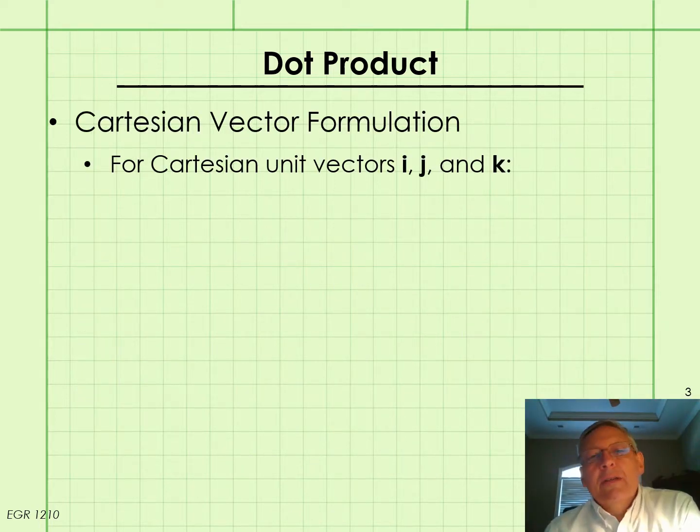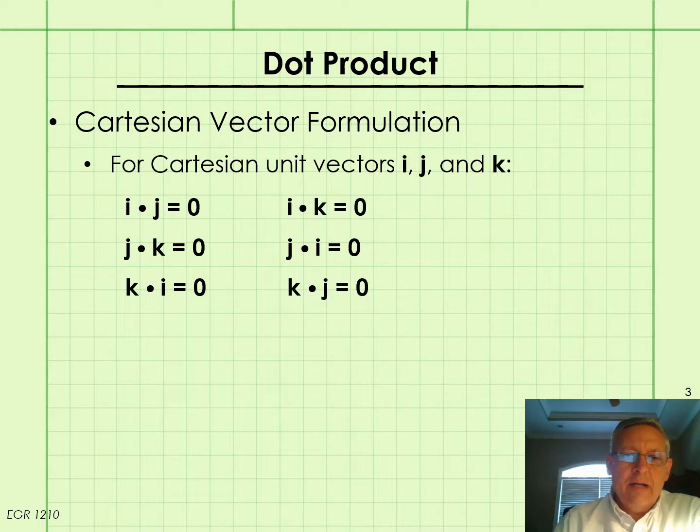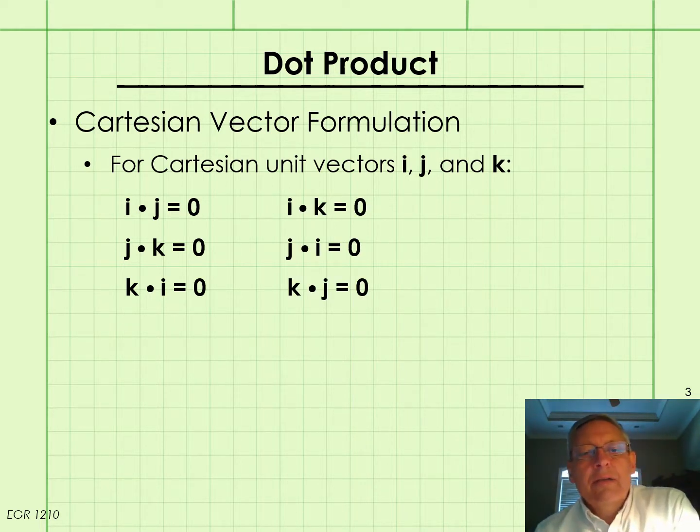Let's first look at the dot product with regard to our Cartesian unit vectors i, j, and k. Since the dot product equation involves the cosine of the angle between the two vectors that are being dotted together, when we dot any two different Cartesian unit vectors, the result will be zero because those vectors i, j, and k are orthogonal.